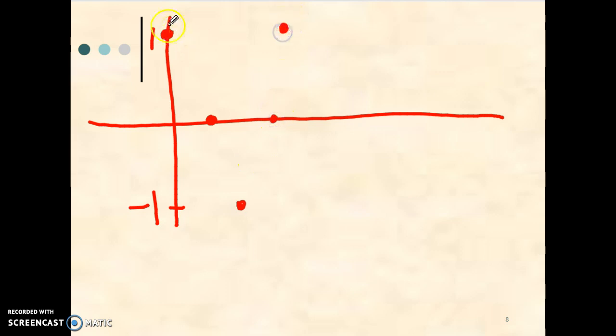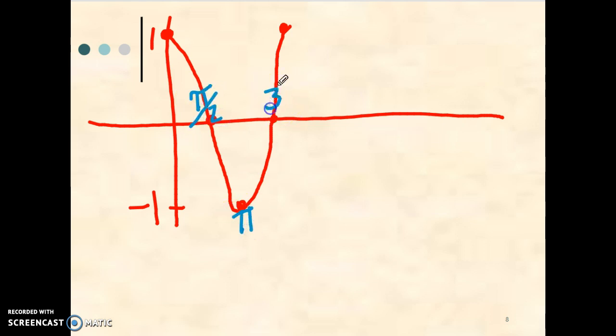And so there's the pattern for regular old cosine. And let's label our x's so that we'll know that it's pi over 2, and then the next one's pi, and the next one's 3 pi over 2, and the last one is 2 pi.